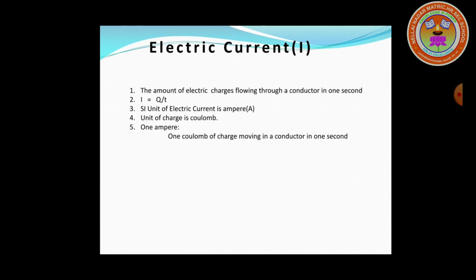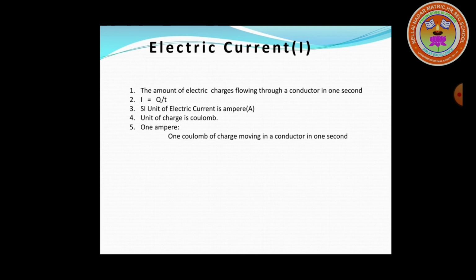The current is denoted by the symbol capital I. The charge is denoted by the symbol capital Q, and time is denoted by the symbol T. Using these definitions, we can write the current formula: I = Q/T.